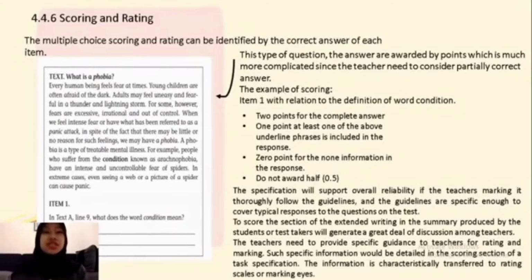And the teachers need to provide specific guidance to teachers for rating and marking. Such specific information would be detailed in the scoring section of a task specification. The information is characteristically transferred to rating scales or marking guides.